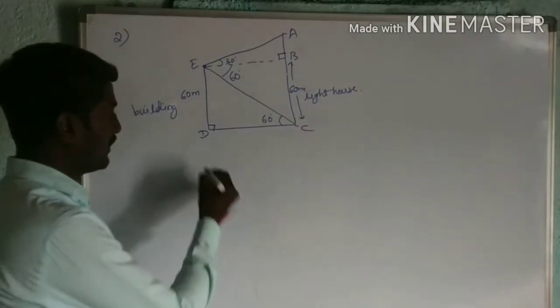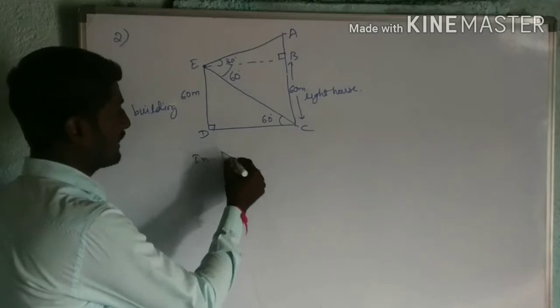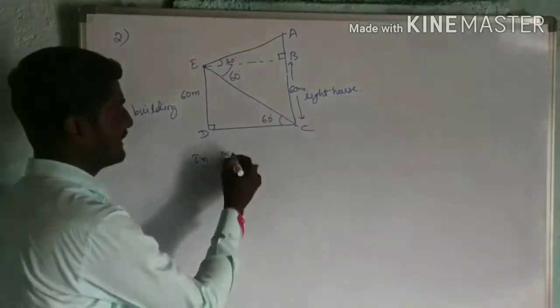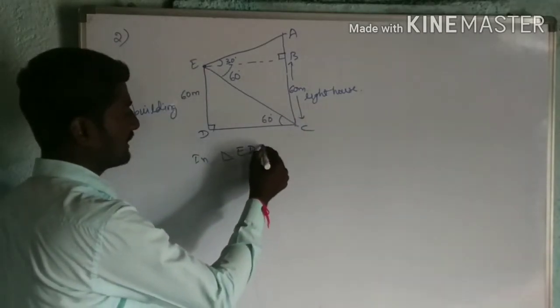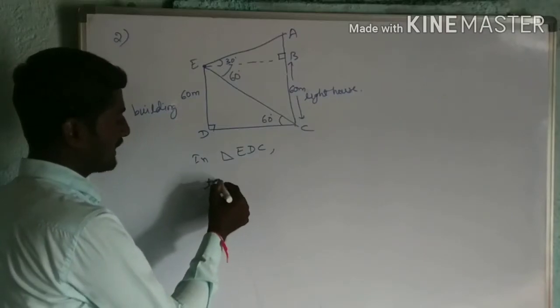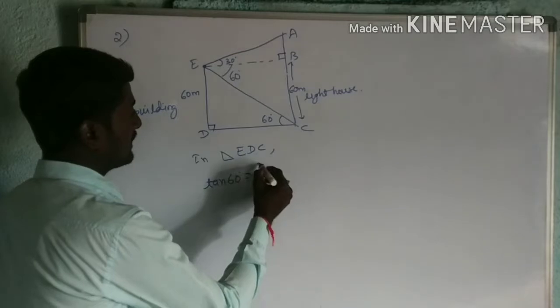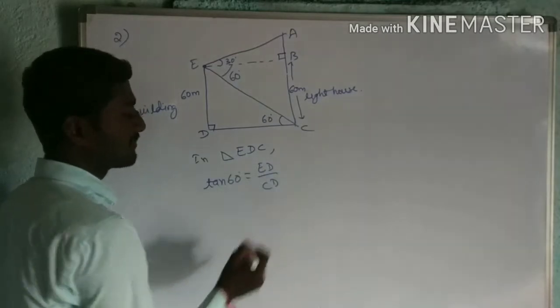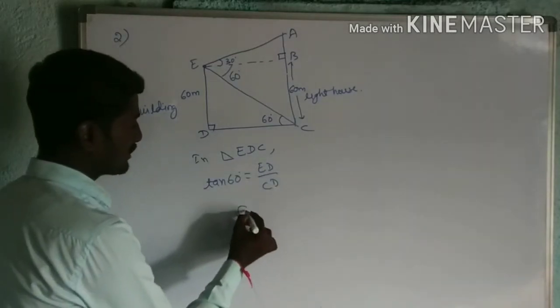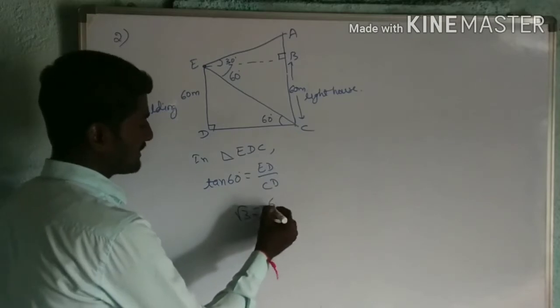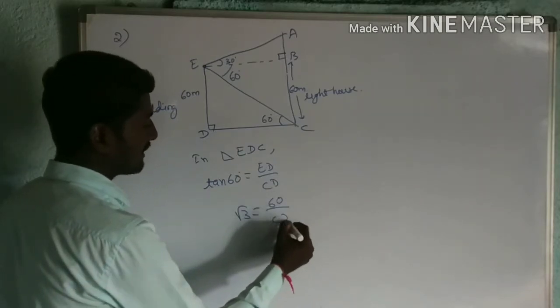Now in the right angle triangles I will go first for EDC. In right angle triangle EDC, I will apply tan 60 degree. Tan 60 degree means ED divided by CD. Now tan 60 value is root 3. Now ED is 60, divided by CD.